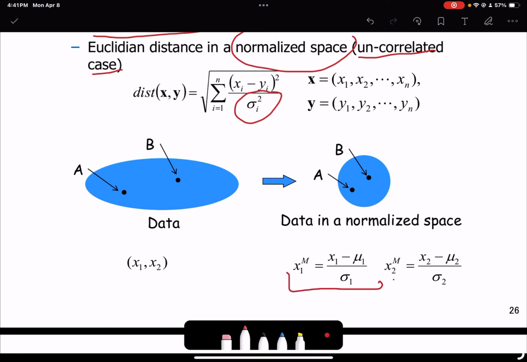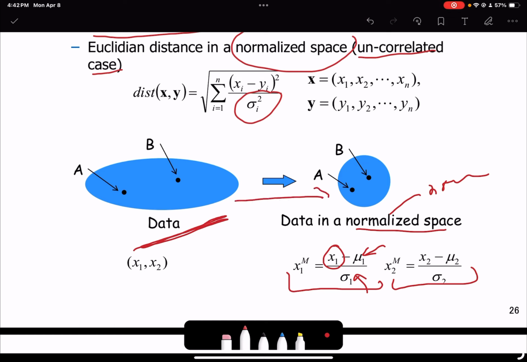I have discussed this approach with you, where you take your data point, subtract your mean and divide by the variance for normalization, and your data is represented in a normalized space. Here you can see the transformation this has in the case of normalization.